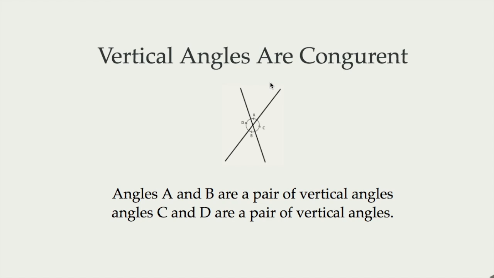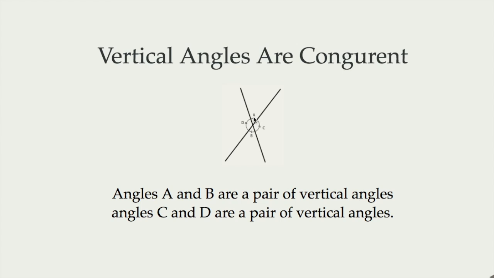This is the theorem. When we talk about the measure, in other words the magnitude of angles, if two are equal to each other, we say these two angles are congruent. Now you have four angles here when two straight lines intersect at a single point.